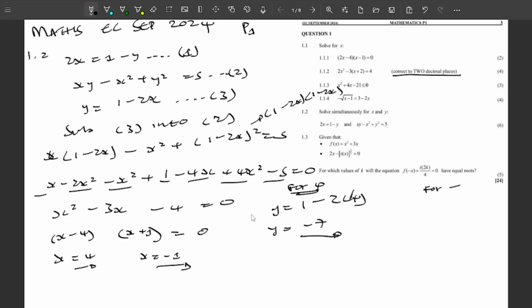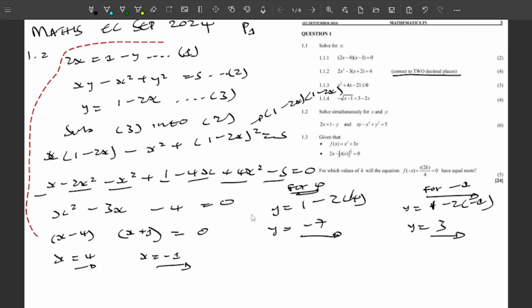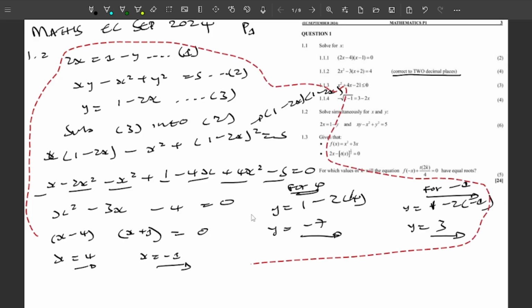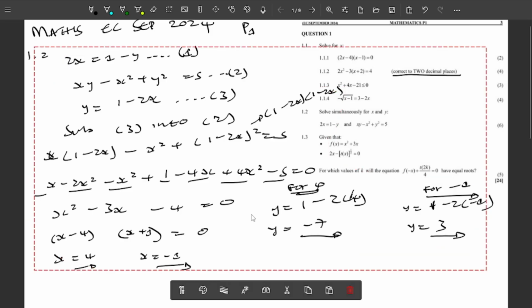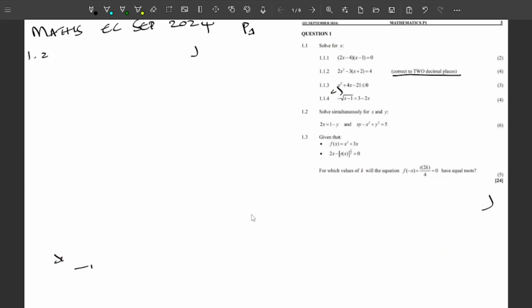And for minus 1, you can just say 1 minus 2 times minus 1, and then y is just going to be 3. And that, ladies and gentlemen, is the simultaneous. So just like that, we are done with the simultaneous, and we are now going to be moving on to the next question. If you don't understand, please do inform me in the comments, right?